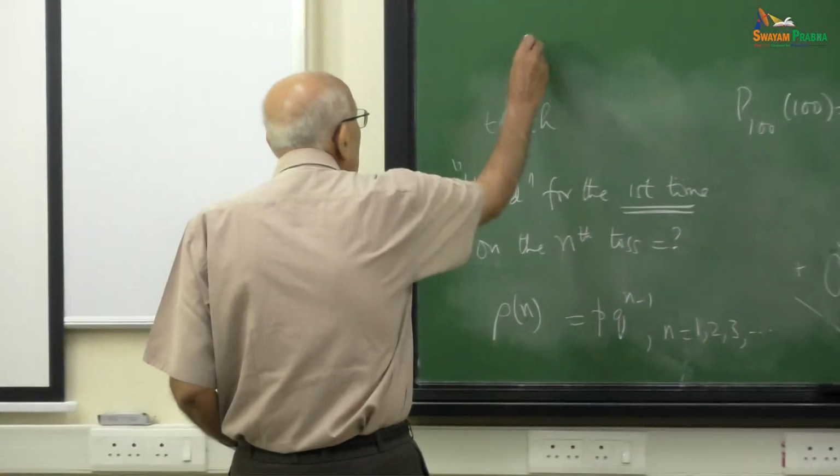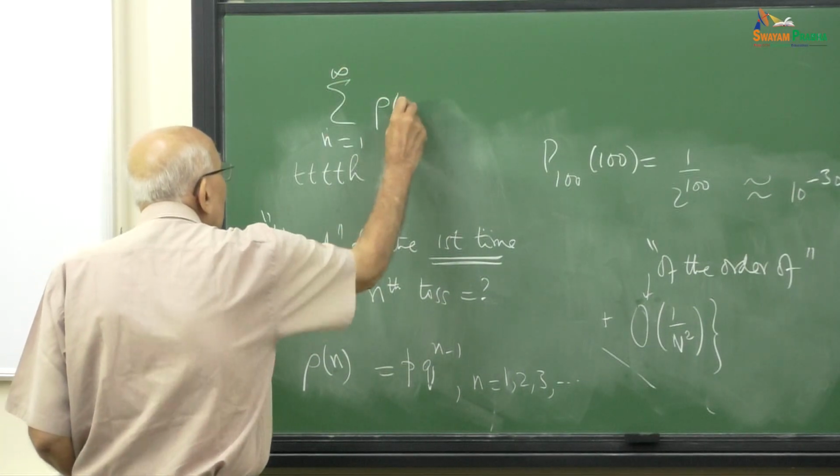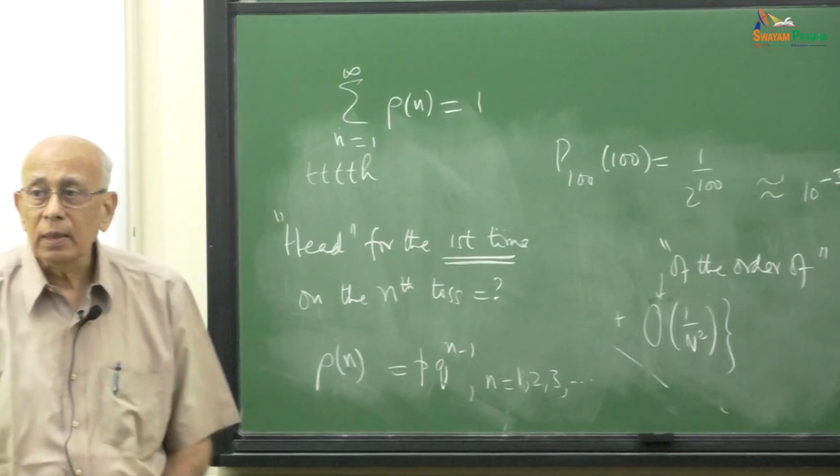The proof of the pudding is the total probability that you get a head at all should be 1 eventually. Right? So you want this to be true. You want summation n equal to 1 to infinity rho of n to be equal to 1, because getting a head is a definite event.